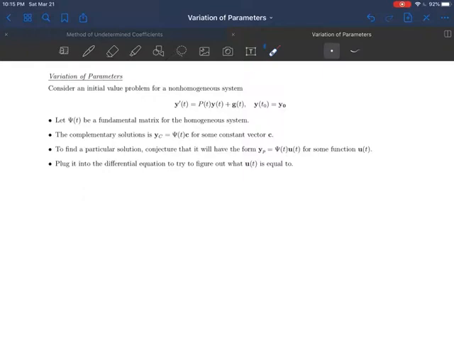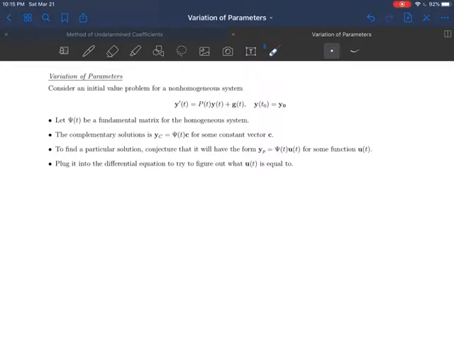And that's basically exactly what we're going to do again, except now in this very compact form, because now we're going to say our particular solution is going to be the fundamental matrix that we have times some vector function u of t. So we're just going to assume that that's a particular solution and go for it and just kind of see what we come up with.